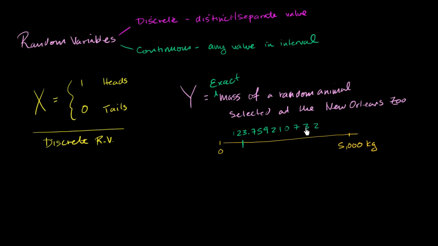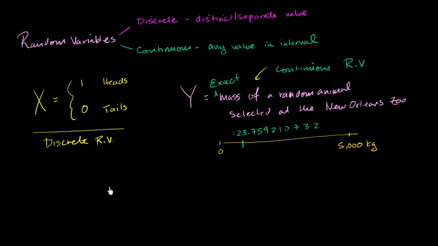And I think you get the picture. Even though this is the way I've defined it now, a finite interval, you can take on any value in between here. There are not discrete values. So this one is clearly a continuous random variable. Let's think about another one.